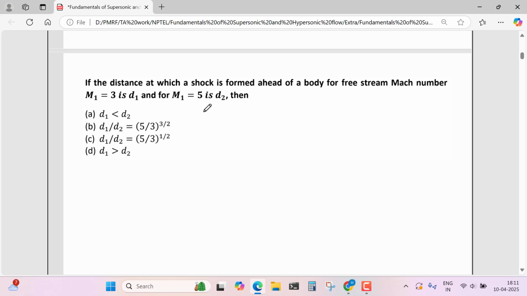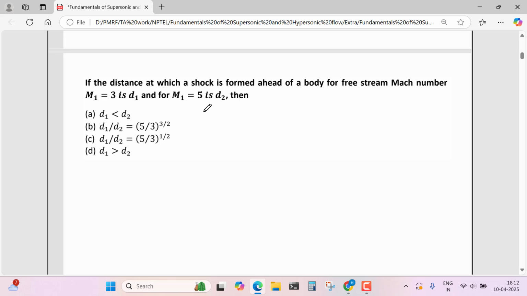Let's see another question. If the distance at which a shock is formed ahead of a body for free stream Mach number M1 equal to 3 is d1 and for M1 equal to 5 is d2, then: option A, d1 is less than d2; option B, d1 upon d2 equal to 5 by 3 to the power 3 by 2; C, d1 upon d2 equal to 5 by 3 to the power 1 by 2; and D, d1 is greater than d2.